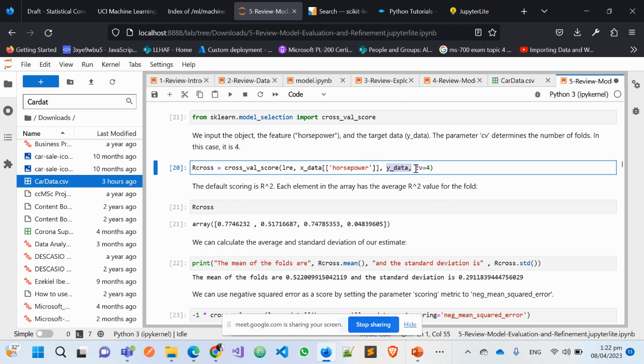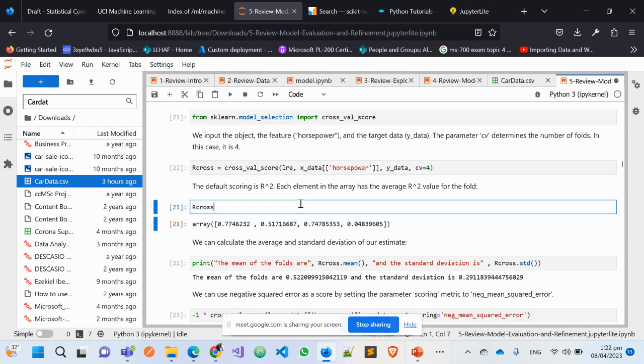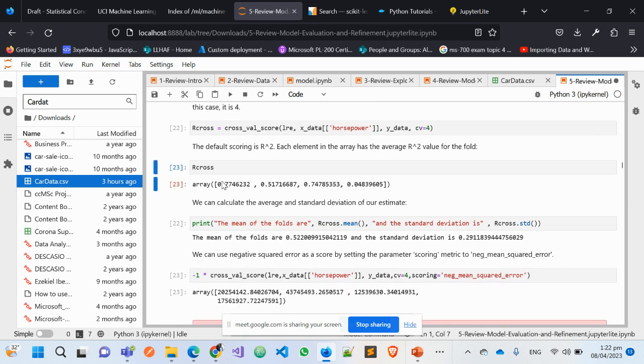The cross validation variable cv equal to 4 gives cross validation into four folds. When we run this cell and determine the R cross, the cross validation, we have an array of four different values required for our cross validation check.